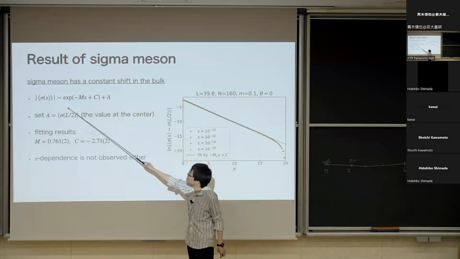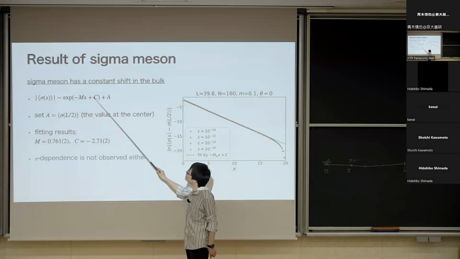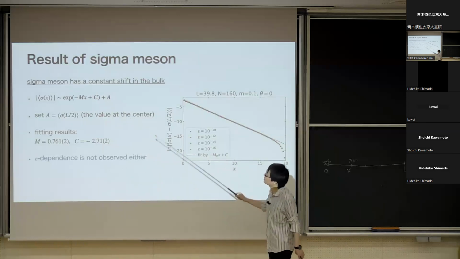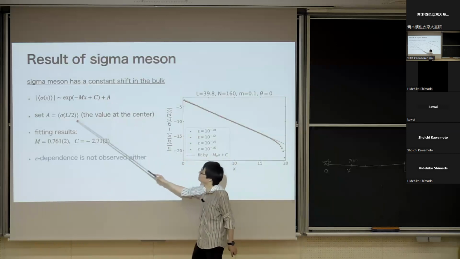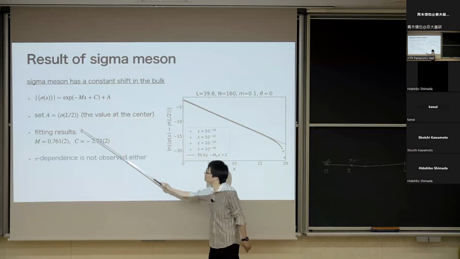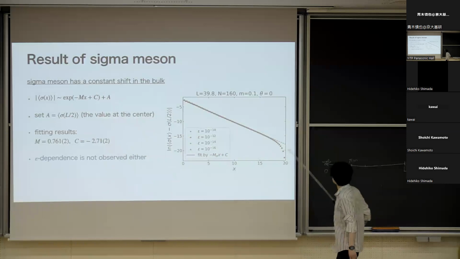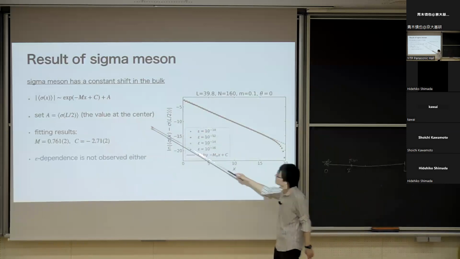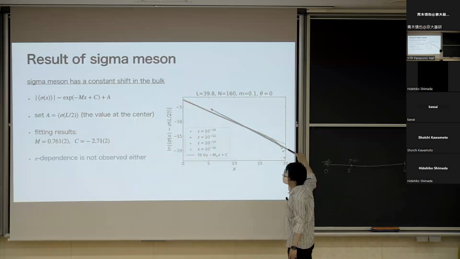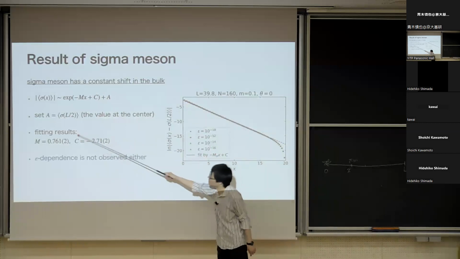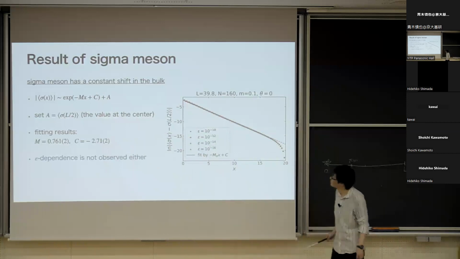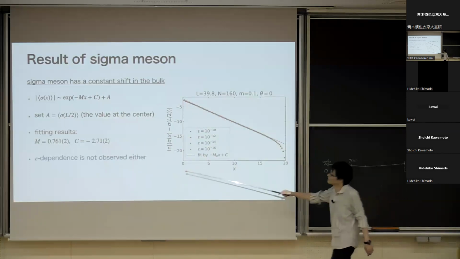Basically it's similar, but there is a constant shift in the bulk, so we have to subtract this constant part by resetting the value at the center point. Then we just fit the result by an exponential and obtain the mass. Again, we don't see epsilon dependence.